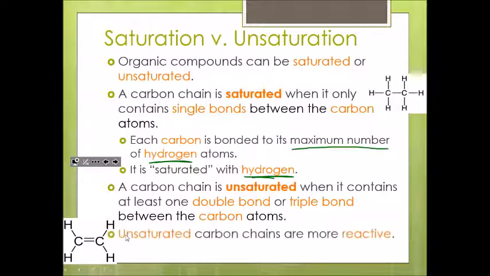The significant part, though, is that the unsaturated ones are more reactive and more easily broken down, okay? To give you a real-life example, we're going to look at saturated fat versus unsaturated fat. If it has a double or triple bond, we label it unsaturated. If it's all single bonds in the hydrocarbon, you would call it saturated.